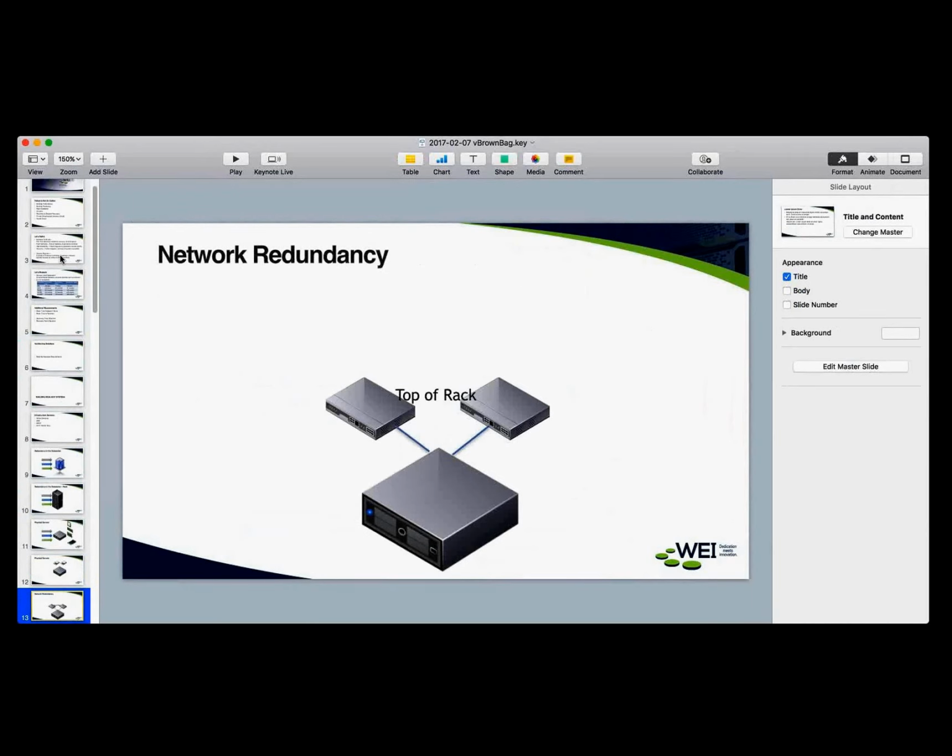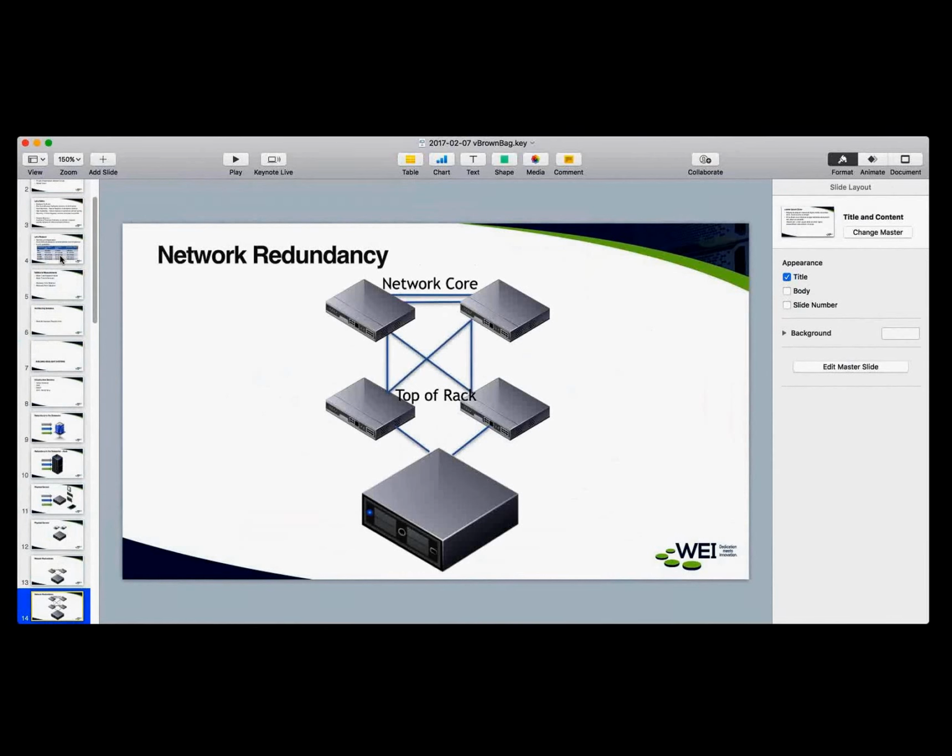Exactly. Thank you. Same reason that I don't think any one of us connects a single network cable to an ESX server, and we see all of these designs. Whether you stack the upstream network core switches or leave them as two separate entities, they both have pros and cons. Not everyone thinks it's appropriate to stack those upstream switches.